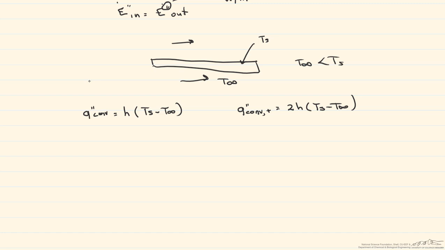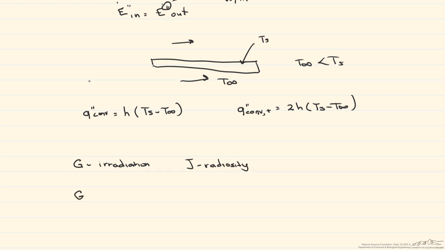So now let's look at the radiation. Is there radiation? The answer is yes. There's always radiation if there is a temperature difference. In fact, radiation is the only mode of heat transfer that can occur in a vacuum. So there are two terms that are important for radiation. The first is this G, which is known as irradiation, and J, which is radiosity.